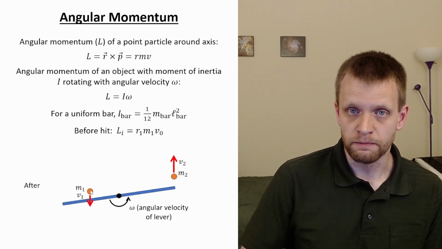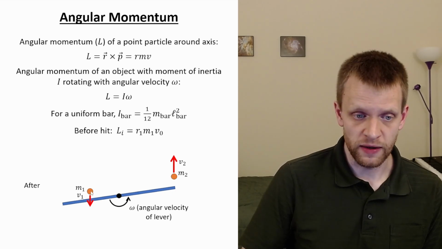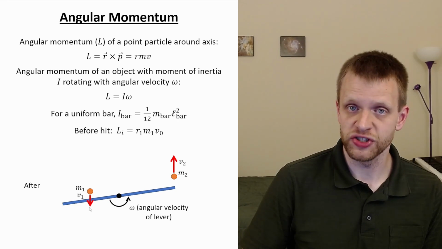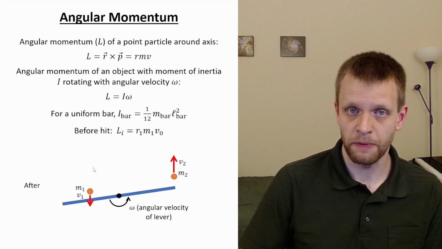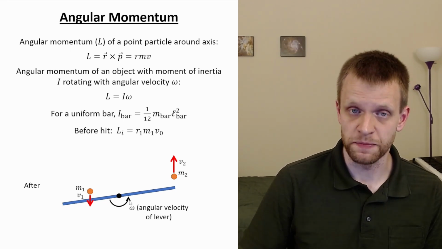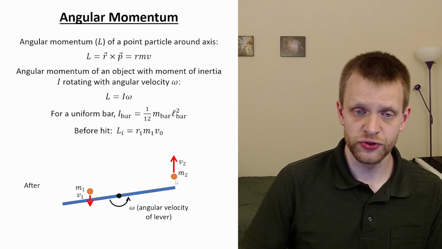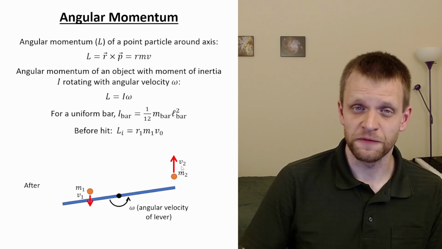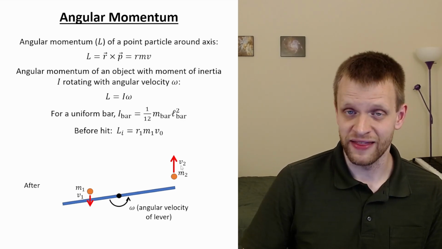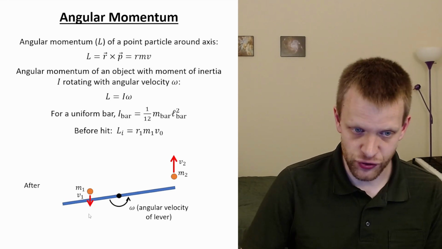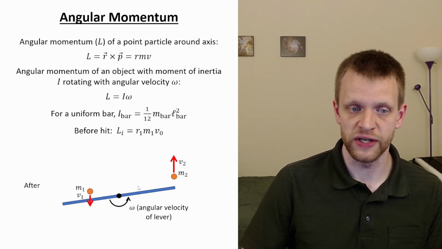Afterwards, mass 1 might be moving. For now, if it's moving down, I'm going to call that a positive velocity. If it bounces back up, I'm going to call that a negative velocity. This lever is going to be rotating with some angular velocity, and this lever has also launched mass 2. So mass 2 is now going up, and I'm also going to call this velocity 2 a positive velocity if this object is going up, because all of that is associated with a counterclockwise motion.